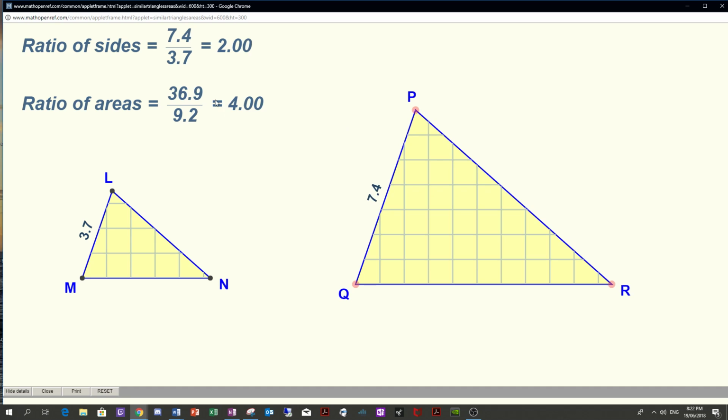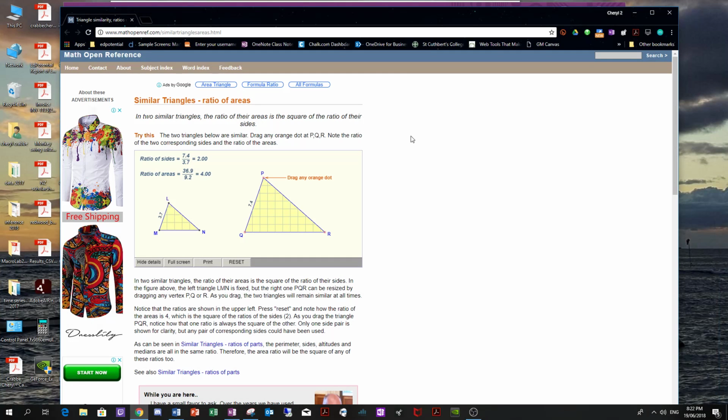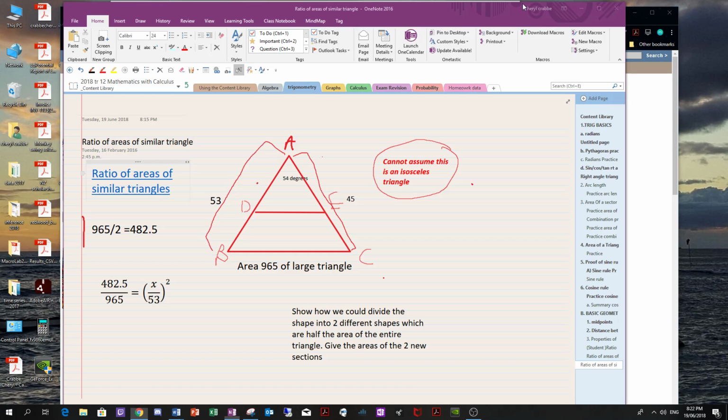So what are we saying? We're saying that the ratio of the areas is the square of the ratio of the sides. So how does that translate into the question that we're dealing with here? We know the two areas of the triangles.